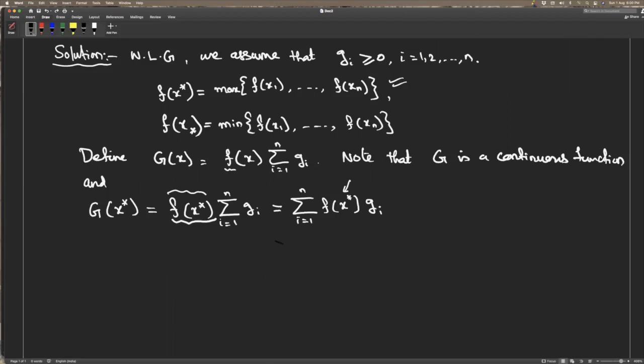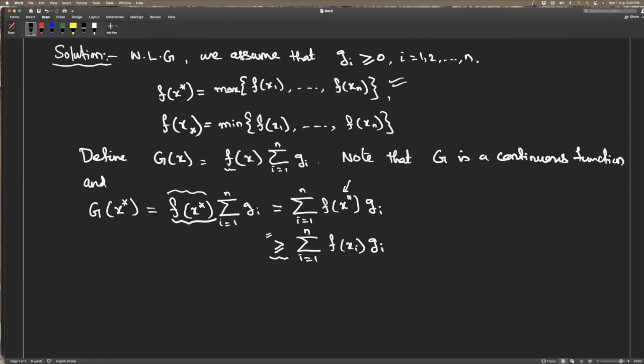Therefore, you just replace f of x star by f of xi's, and thereby you get a greater than or equal to sign: f of xi into gi. Remember, all these gi's are positive. That is why you get the greater than or equal to sign.